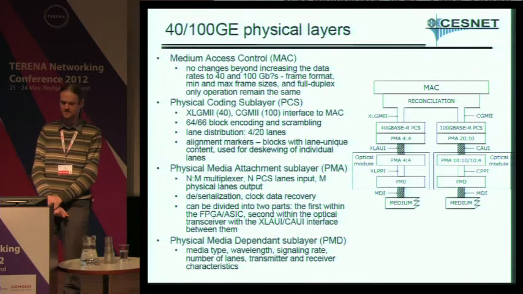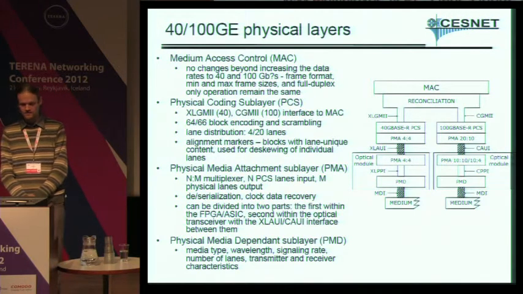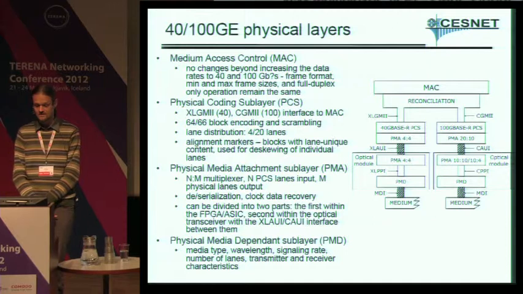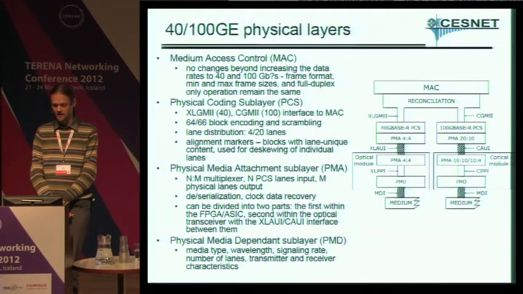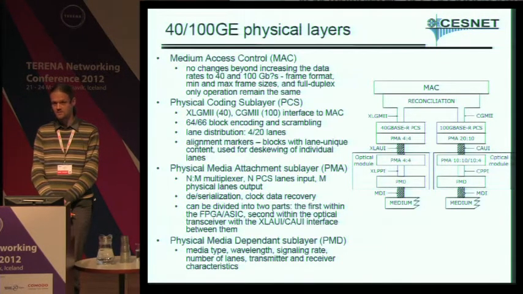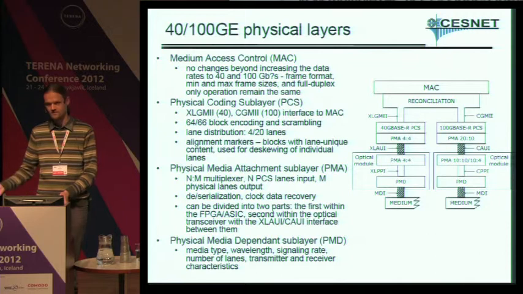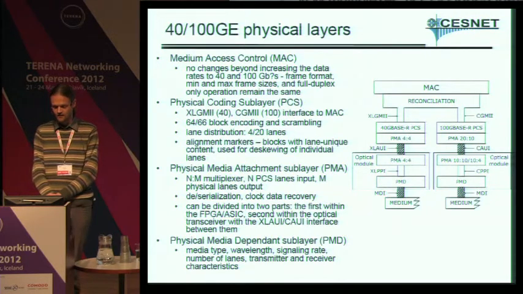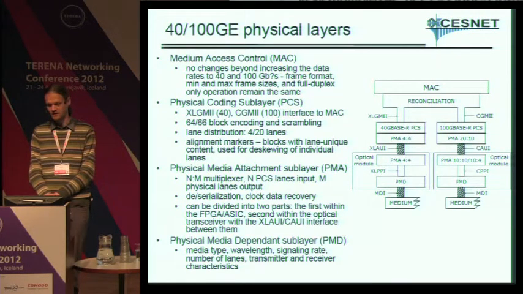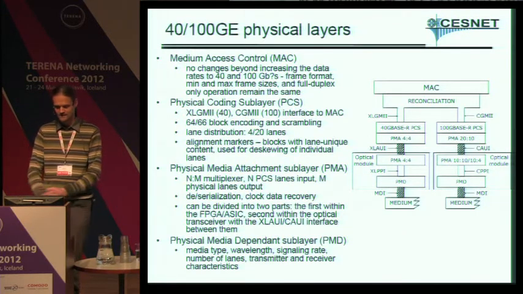This is why we have 20 lines on PCS: because PMD for 100G can have either 4 or 10 physical lines, and therefore we need the number of PCS lines to be divisible by both 4 and 10.